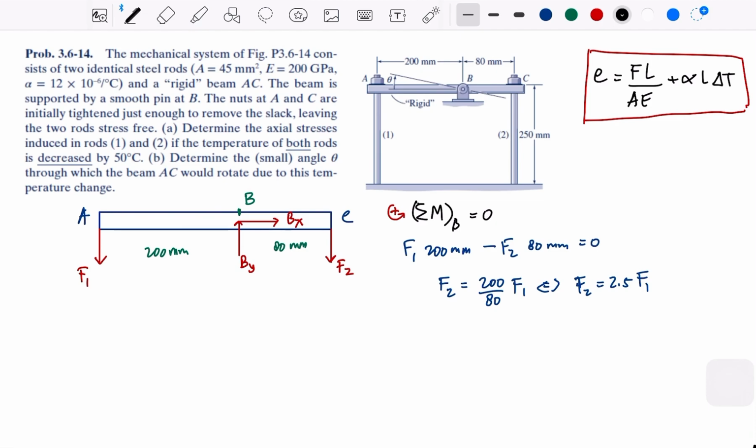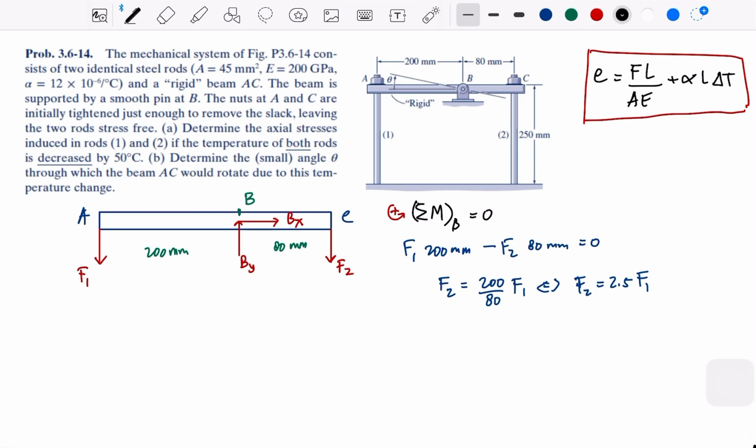Now, because we have 1 and 2, both will have elongation, right? Again, we need to take the compatibility equations. It means that we need to relate e1 and e2 in some way that is going to explain all the information here.